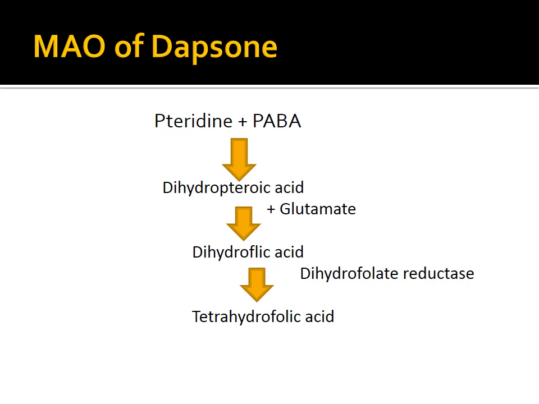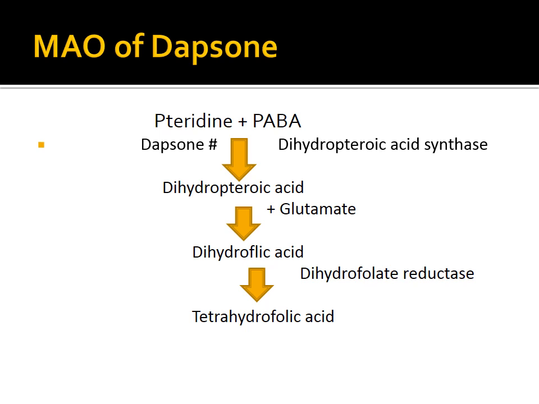The mechanism of action of sulfonamides is the same as that of Dapsone. The first step in the synthesis of folic acid is pteridine combined with PABA, that is para-aminobenzoic acid, and with the help of dihydropteroic acid synthase, they form dihydropteroic acid, and this step is inhibited by Dapsone, and also by the sulfonamides. The next steps you already know, but I am just revising.